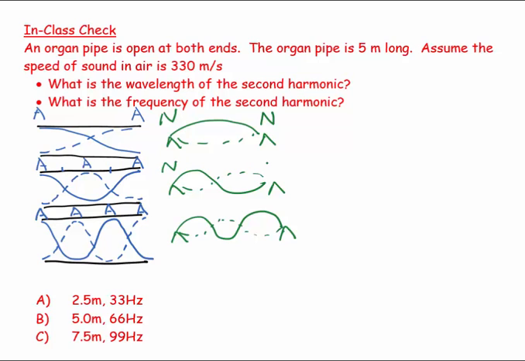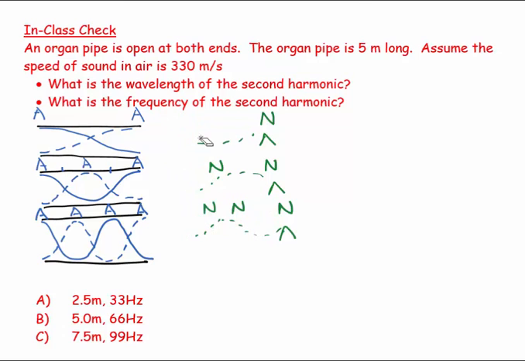This is a node with a node with a node in the middle, and this is an antinode with an antinode and an antinode in the middle. And this is a node on each end and two nodes in the middle, an antinode at each end and two antinodes in the middle. So these are analogous to each other, and I would expect a similar analysis when I try to figure out what's going on.